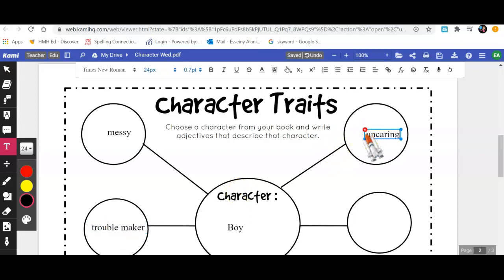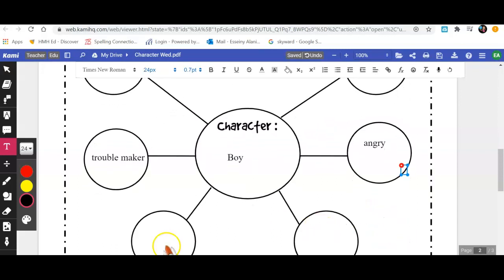He's uncaring. He's angry. He's not nice. And he's also not friendly. Or you could say like this, unfriendly.